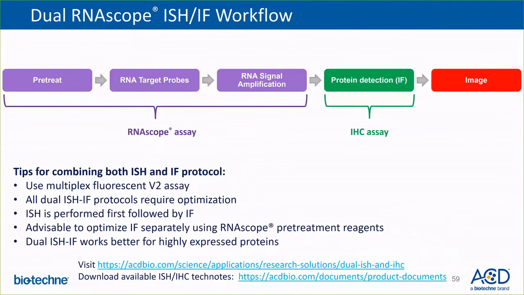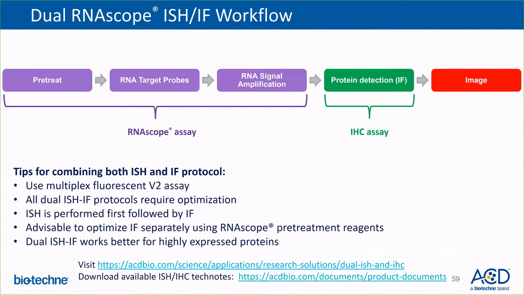RNAscope pretreatment requires a protease digestion step to unmask the RNA. So do keep that in mind as you optimize the IF. Lastly, the dual-IF assay works better for highly expressed proteins, because the protease treatment just mentioned can diminish the protein signal to some degree.